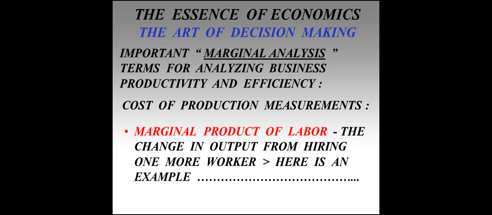And that's the marginal product of labor, the change in output from hiring one more worker. So it's very possible in the example that we just looked at that the manufacturing company could have added a worker from day 1 to day 2 or day 2 to day 3 to affect that incremental change. We're going to look at another example here because it's also going to help us set up a couple of other additional important terms that we need to look at.